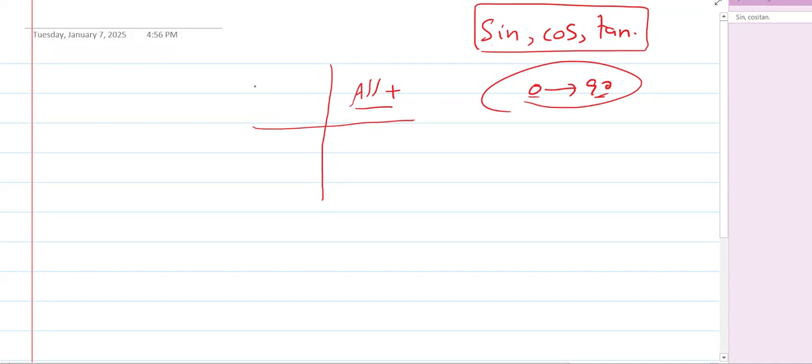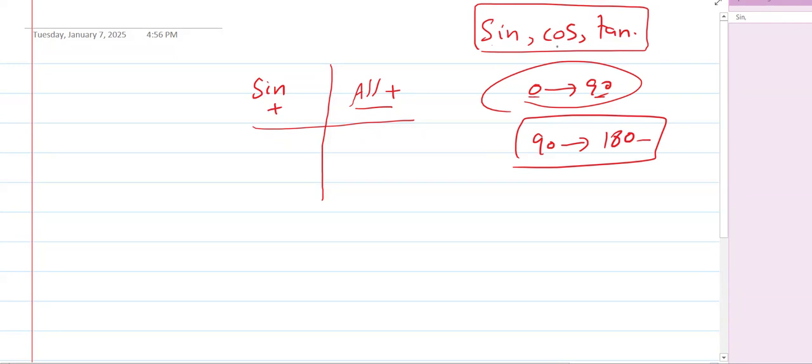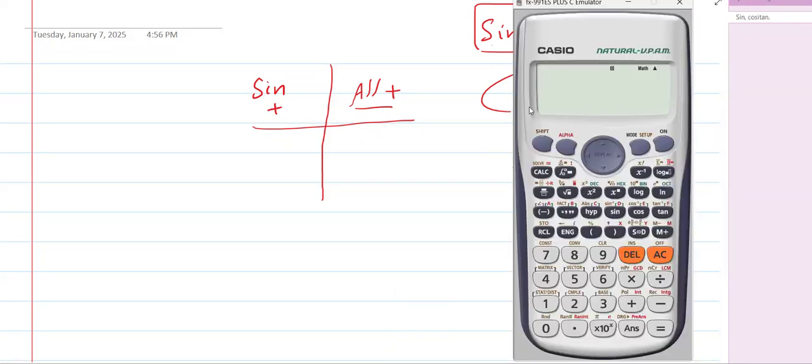In the second quadrant, which is from 90 to 180, only sine value will be positive, the other two will be negative. You can check. Think of any angle from 90 to 180. Let's say I'm thinking of 120. Take sine 120. The answer comes positive.